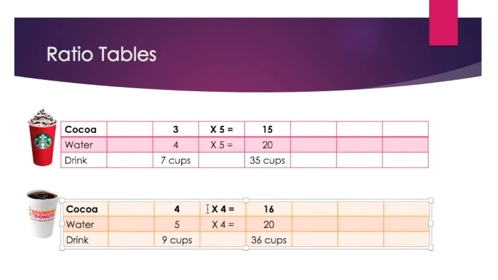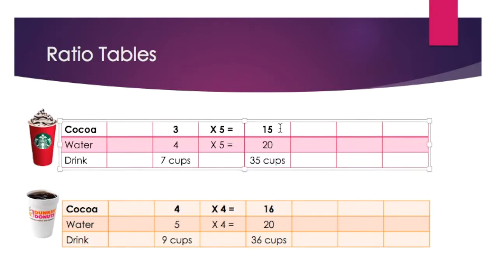Well, when I have 16 parts cocoa in my Dunkin' Donuts recipe and only 15 parts cocoa in my Starbucks recipe, that means that for the same amount of water, my Dunkin' Donuts recipe actually has more cocoa powder than the Starbucks would. So that is going to be the most chocolatey hot chocolate.